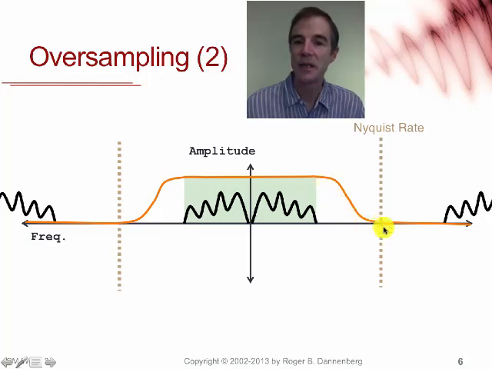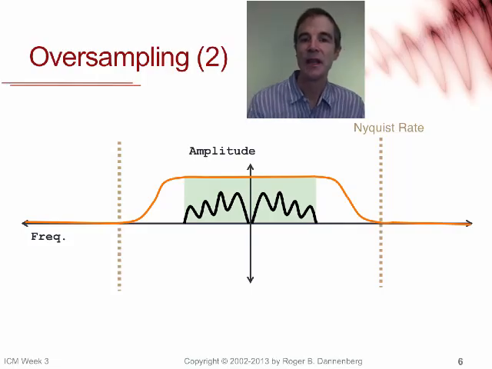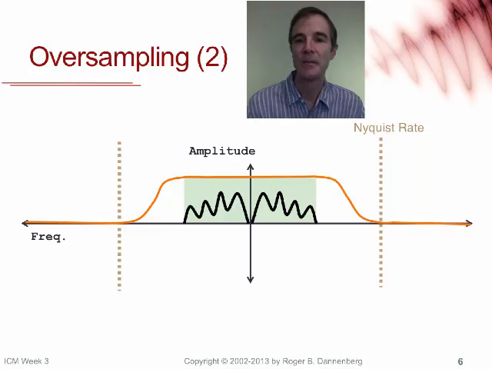This very smooth kind of filter is much easier to construct and much less expensive and more accurate, and so on. So the filter removes those frequencies, and we have good digital to analog conversion and no aliases.